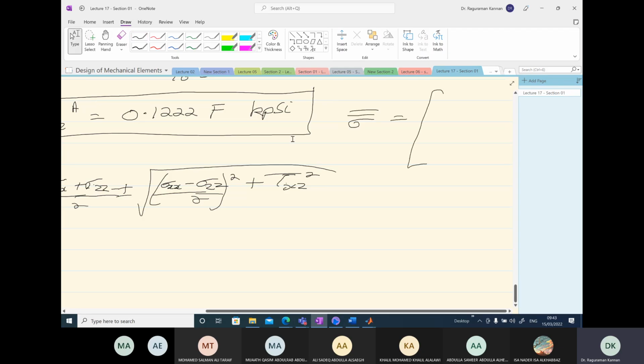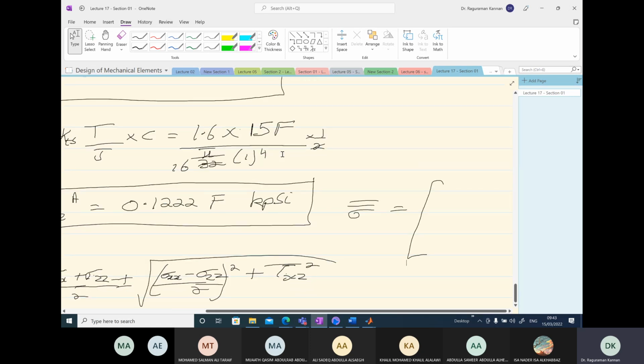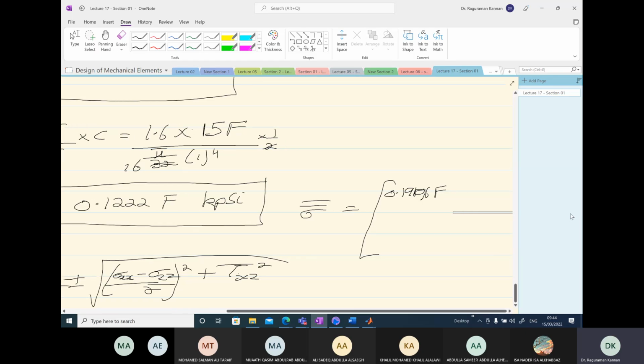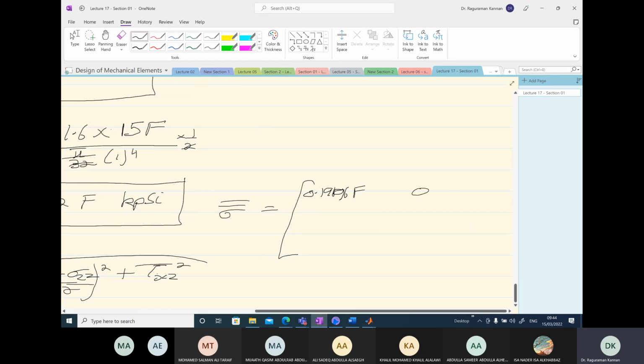We have the sigma xx value, 0.1996 F, which is one of the stress values. 0.1222 F is the xz value.